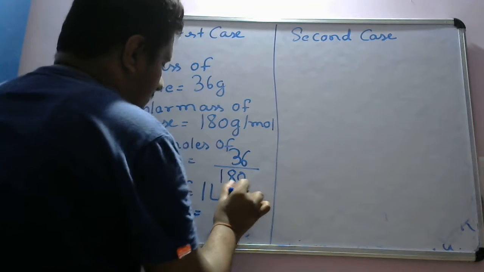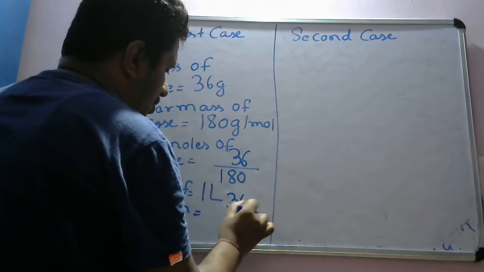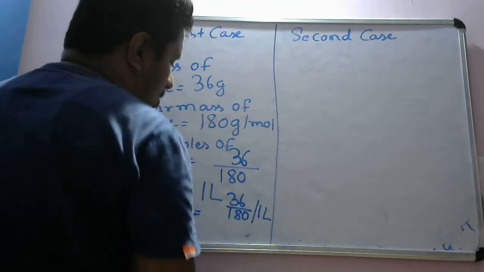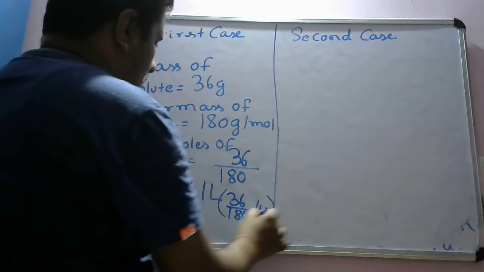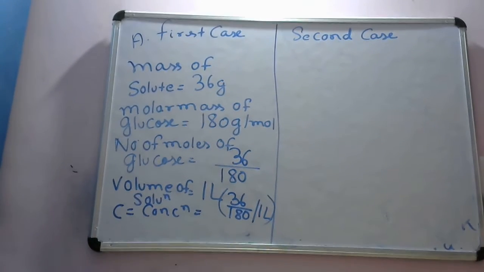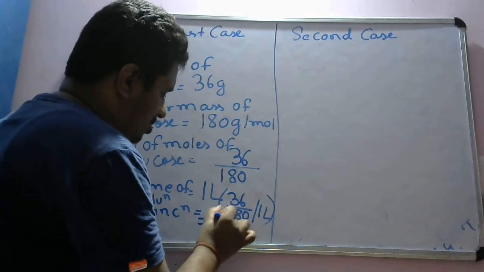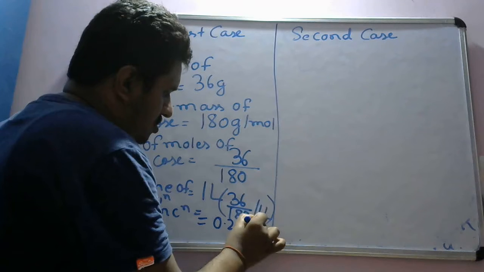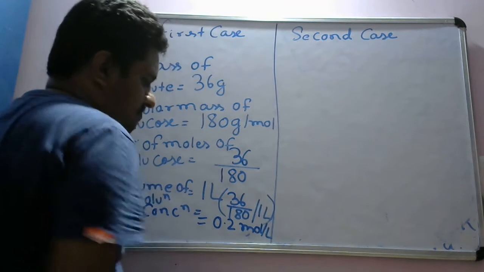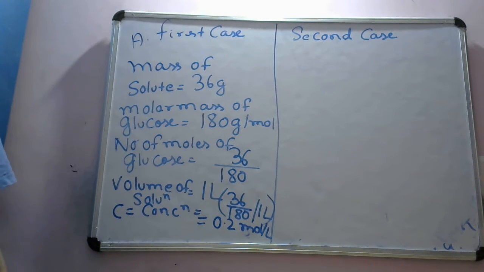It will be number of moles of solute by volume of solution in liters. So you will get concentration to be 0.2 moles per liter. Alright, we got the concentration.